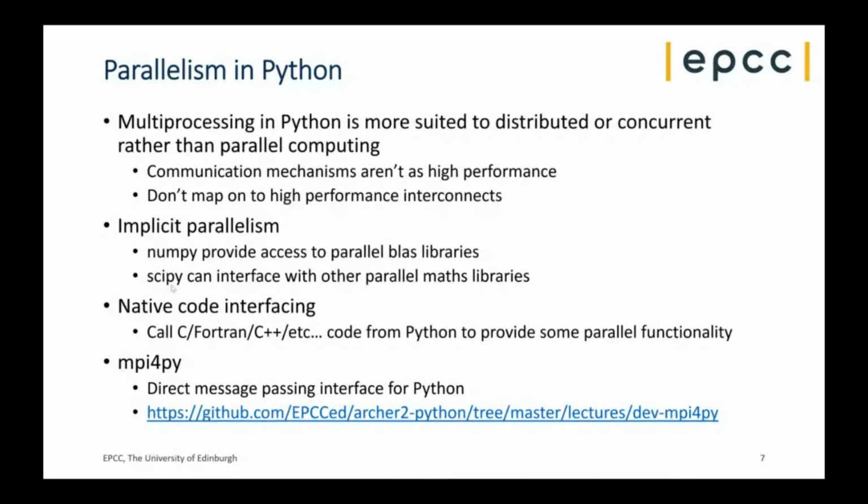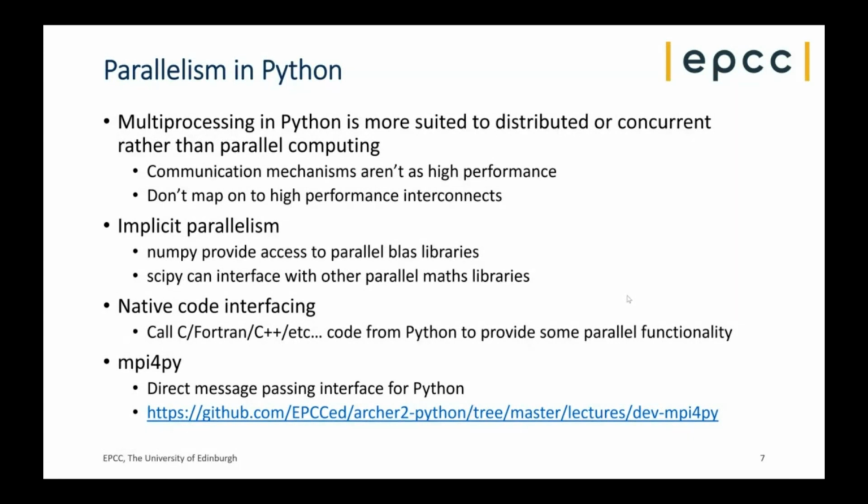They'll call down to an underlying math library, which itself will go parallel. And you can do that yourself. So you can do native interface into C or Fortran or C++ code from Python. And as long as that underlying C and Fortran code is parallel, then you can get some parallelism out of that. So that is possible.